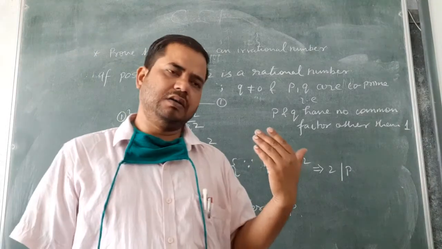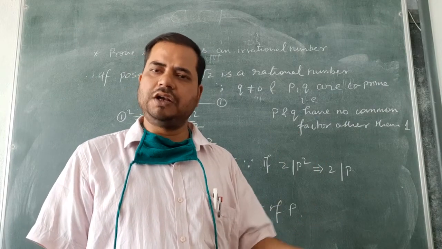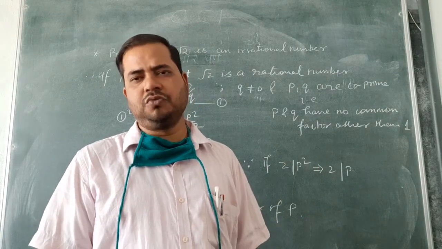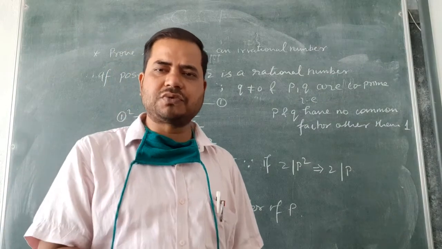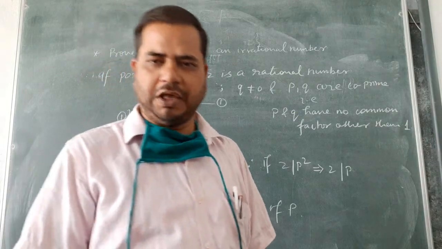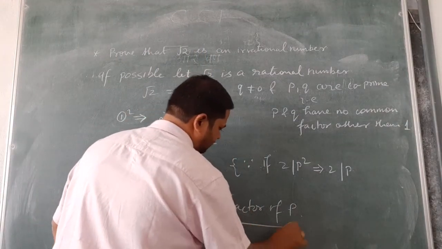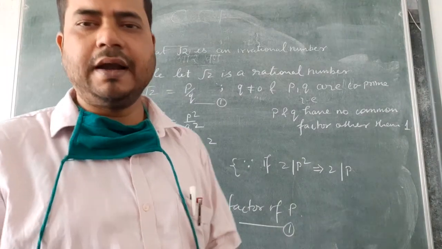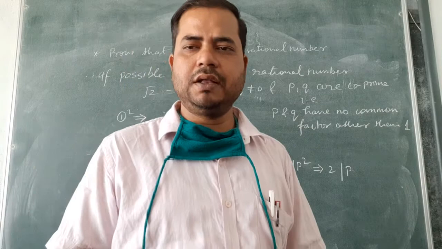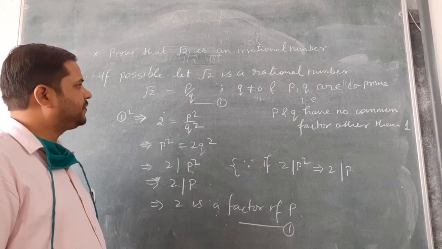Suppose 2 divides 4, then 2 must divide 2, because 2 squared is 4. So if 2 divides p square, then 2 must divide p. This is equation number 1. Please note it down, and now we have to see the next step.